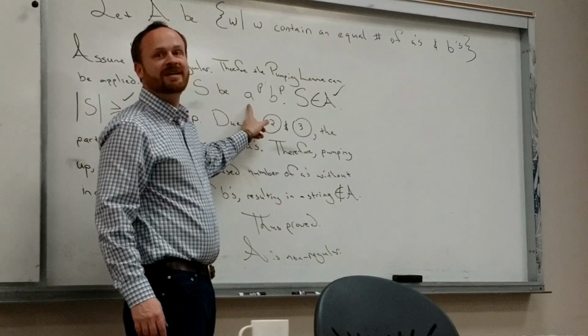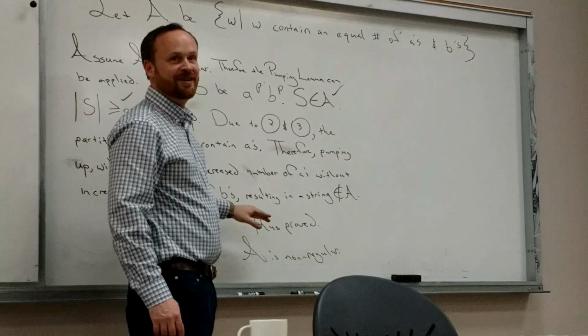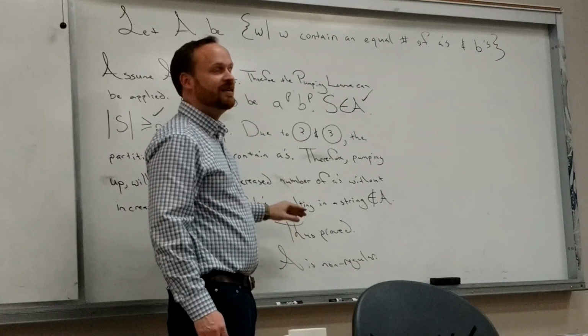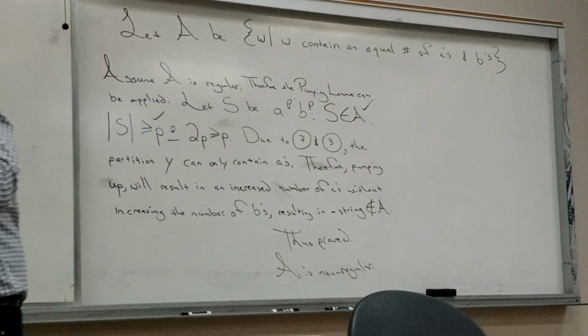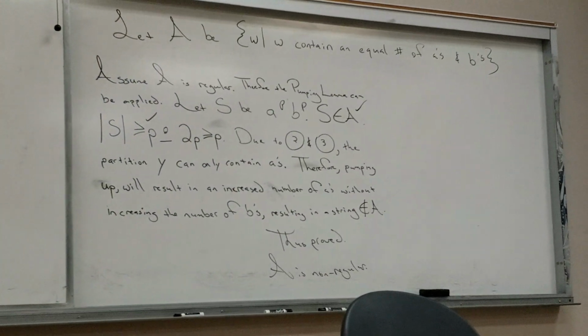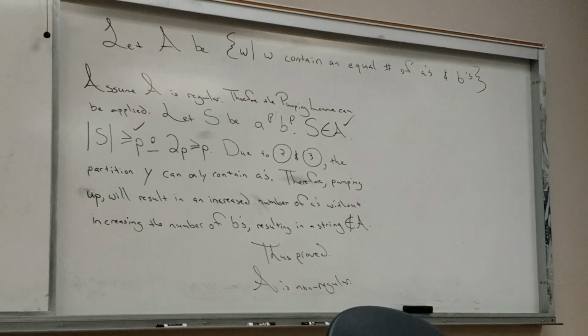Because it said I could pick any string, and I'd already written this. So I just wanted to be done and go home and get coffee. Done. I chose the string A to the P, B to the P, because that string is longer than P and it's in the language, and now I start doing these restrictions.